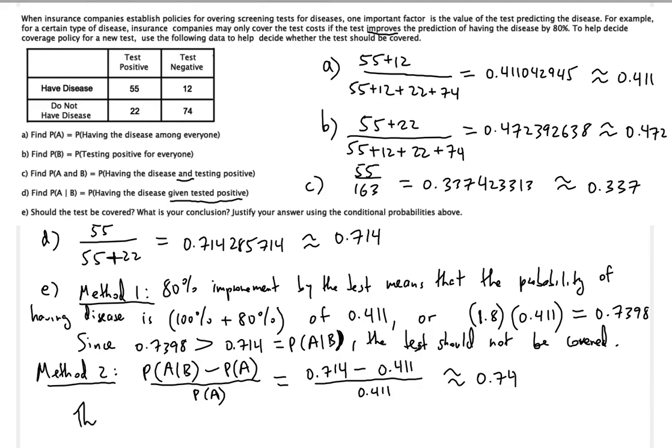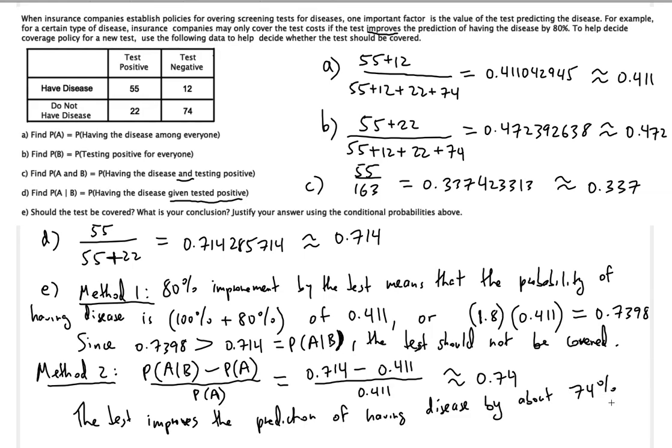This means that the test improves the prediction of having disease by about 74%, right? Because that's the percent change. The test probability versus the general probability, the percent change is 0.74. So the test improves the prediction of having disease by about 74%, right?